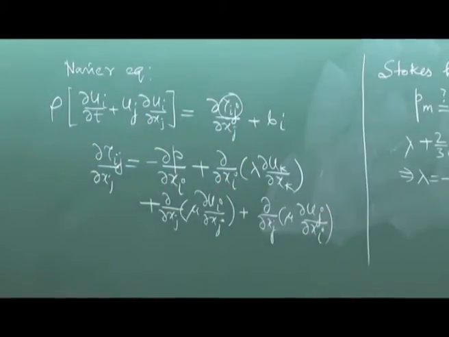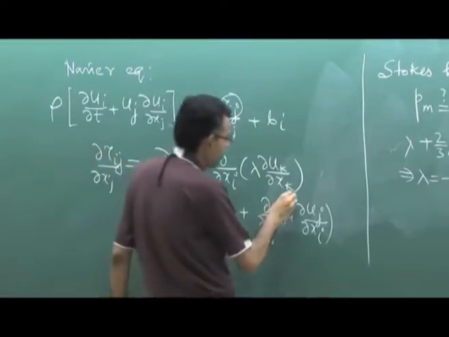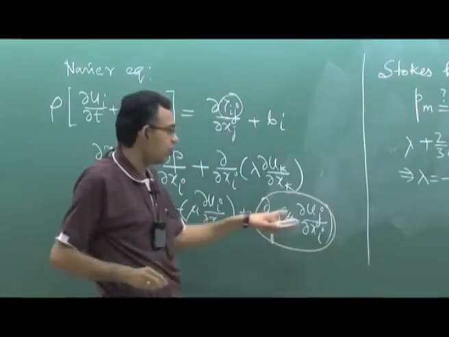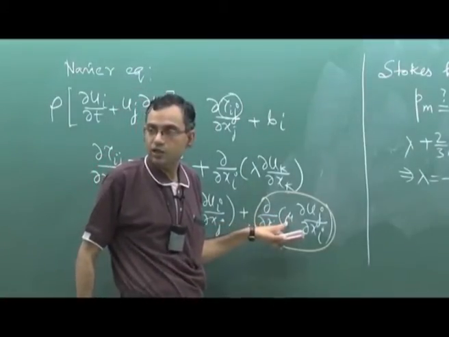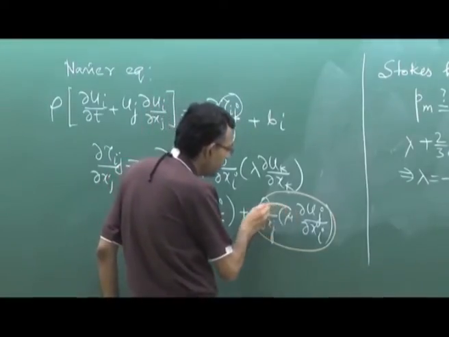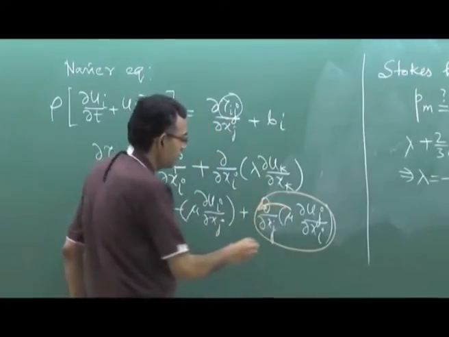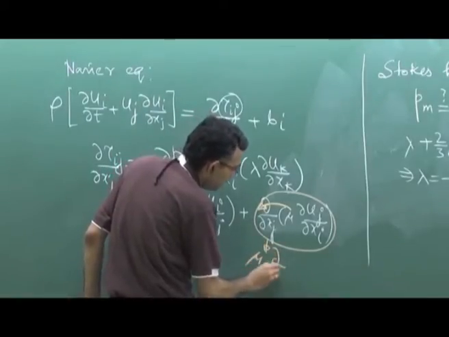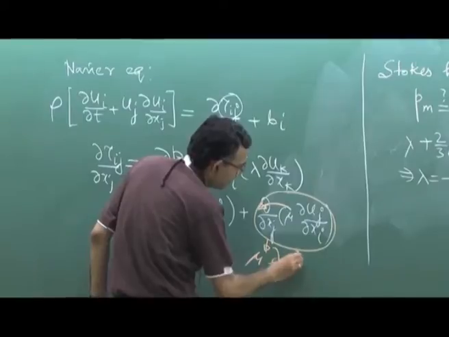Now, we will make a little bit of simplification to this term. First simplification is, it is a homogeneous fluid we have considered. So, mu is not a function of position. If mu is not a function of position, this will come out of the derivative. So, you can write this as mu del del xj of del uj del xi.